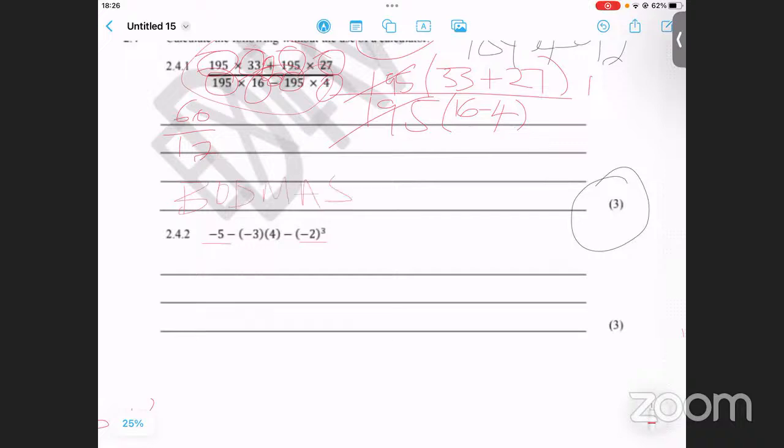And we're also going to find -2 cubed. So then it's going to be -5 minus in brackets -12, close the bracket, minus open bracket -8, close the bracket.